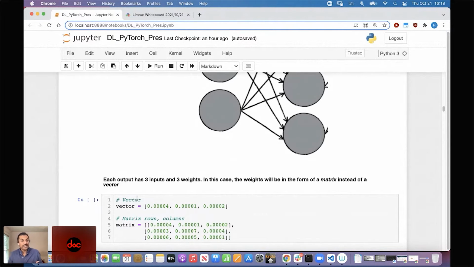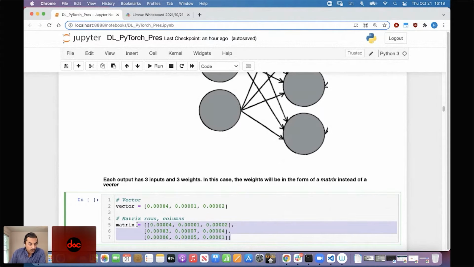So really, it's a matrix. Think of it as a 2D matrix. Think of this whole thing as an input, and then within each, you have the different weighting of that input going to a different output. This general structure is called a matrix, but maybe you guys have heard the word tensor, right?